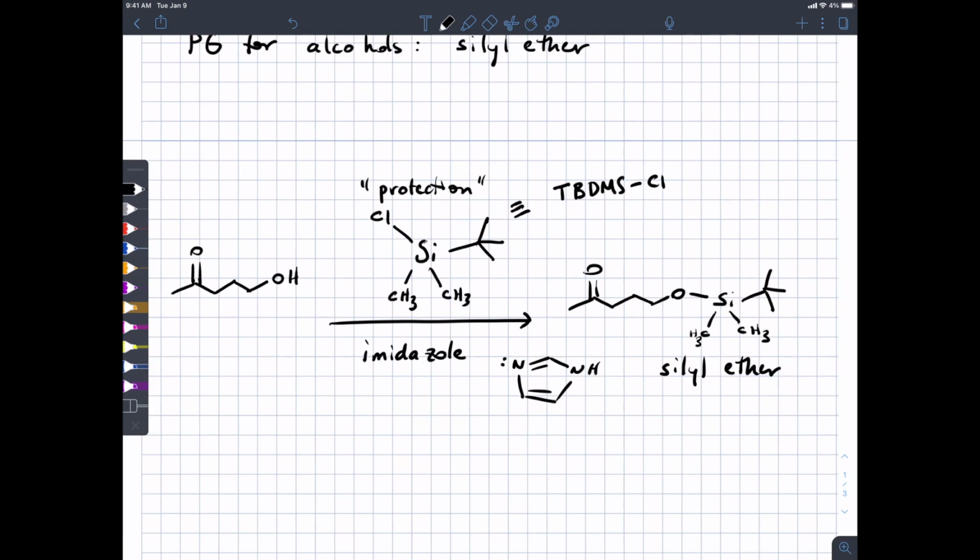And then once the protecting group's on, we can abbreviate that as TBDMS. You're welcome to draw it out if you want to. You're welcome to use the acronym. Just make sure you know what it means, not in terms of memorizing the structure, but in terms of what it does as a protecting group. All right, questions so far?